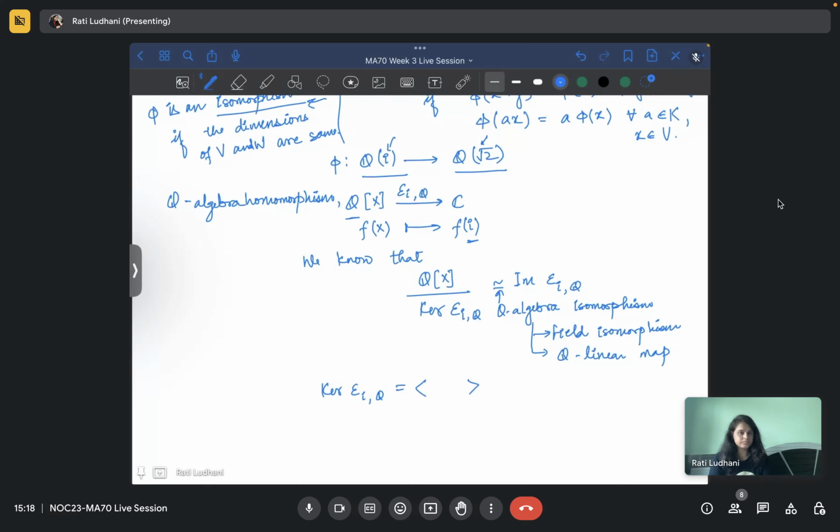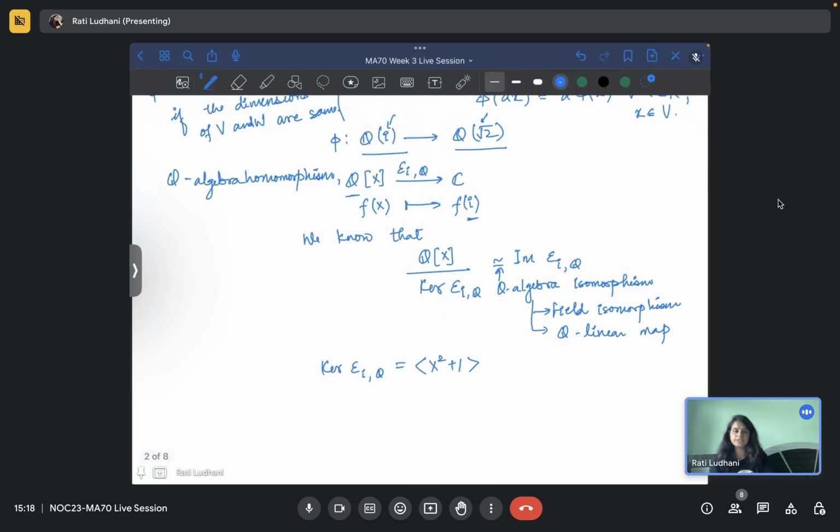X squared plus 1. Exactly, very good. So you can take x square plus 1, and this is monic, this has degree 2, and you know that I does not belong to Q, so it cannot be generated by a single thing like x minus 1. So this is the one which we need. So this is really a minimal polynomial because this is monic, has degree 2.